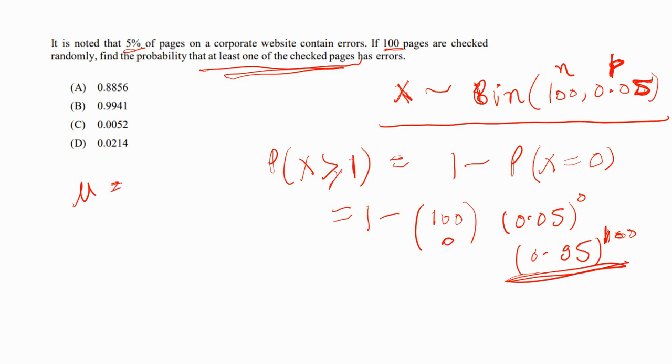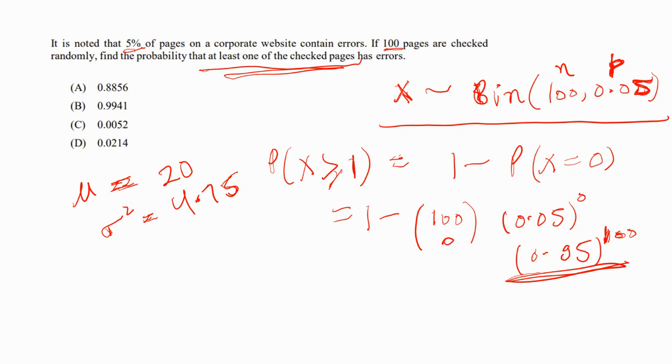So mu is np, which will be 20, and sigma squared is npq. So it will be 100 into 0.05 into 0.95. So it is 4.75.